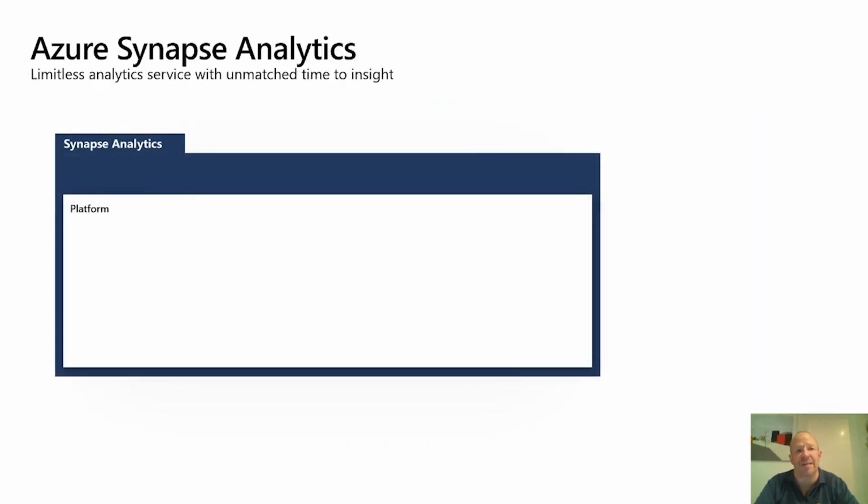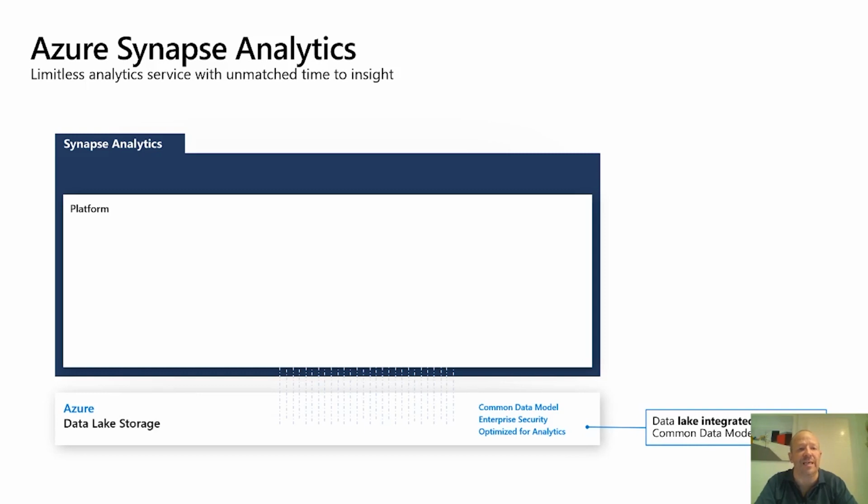The way that Azure Synapse Analytics is basically built is if you create an Azure Synapse Analytics account, or workspace as we call it, you're associating an Azure Data Lake storage account with it. That storage account basically is ready in terms of security. It's optimized for analytics and also allows you to handle things like the common data model.